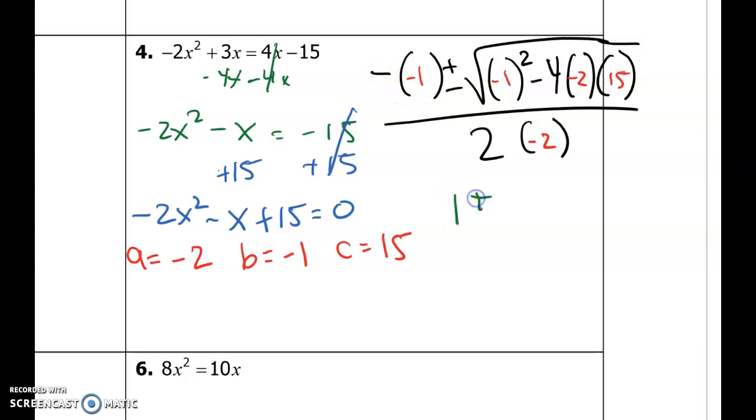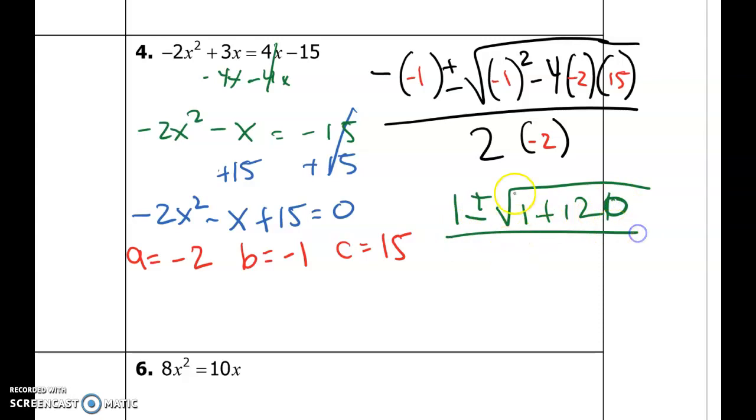Well, that gives me a positive. 1 squared is 1. A negative times a negative is positive, so that's 8. And then I have 8 times 15. So 8 times 15 is, let's see, 120. So I get 1 plus 120, sorry. And then on bottom I get negative 4.